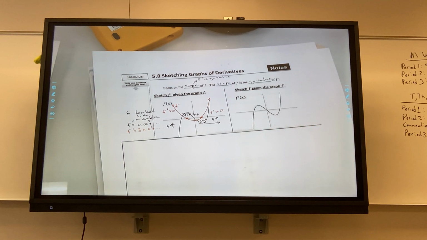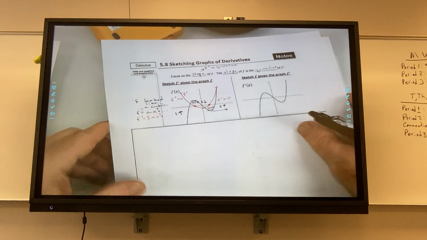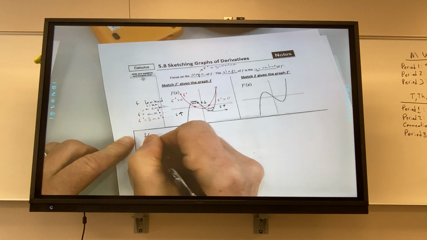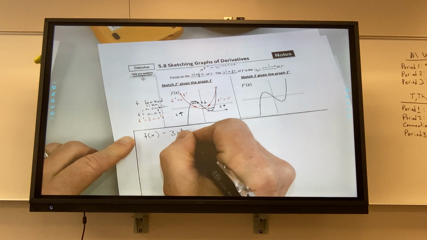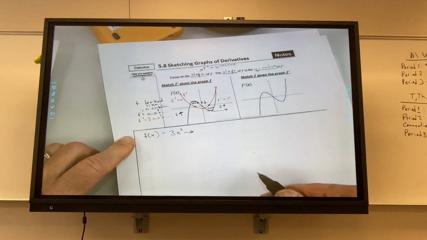Okay. Is everybody with me on that? I think so. Okay. Now, I'm going to be doing more than one. All right. So let's take a look at this. Tyler, what's the derivative of that? 6x.